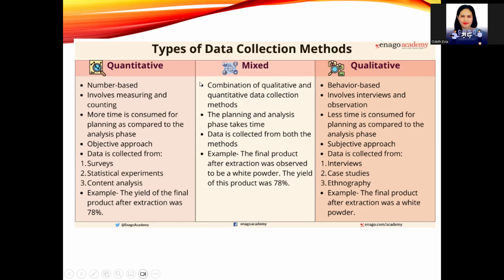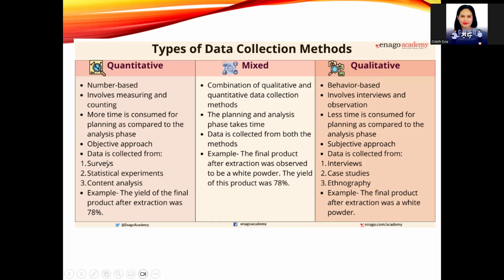As a review, quantitative data collection involves numbers. It also involves measuring and counting, and more time is consumed for planning as compared to the analysis phase. It is also an objective approach, and the data is collected from surveys.